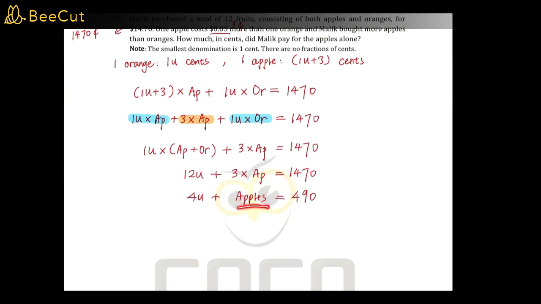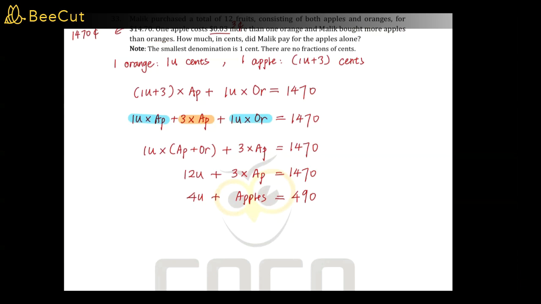So number of apples is more than the number of oranges. So we check for the number. This means that number of apples is more than 6.